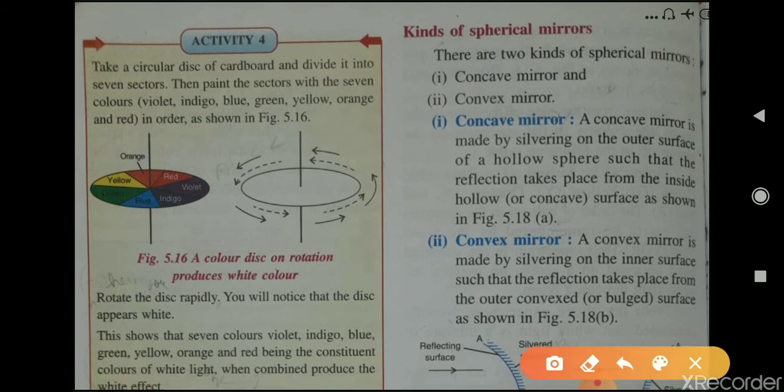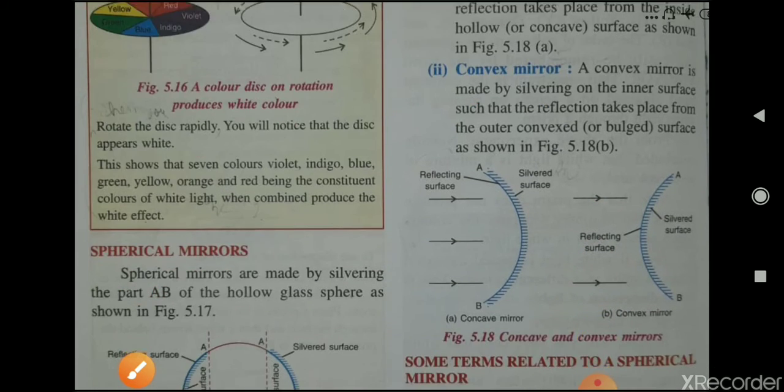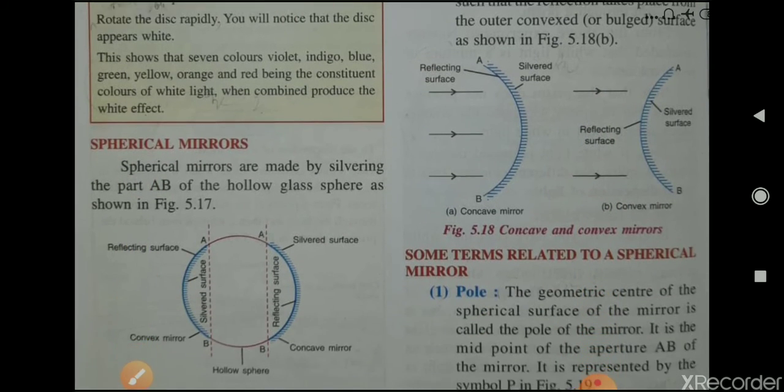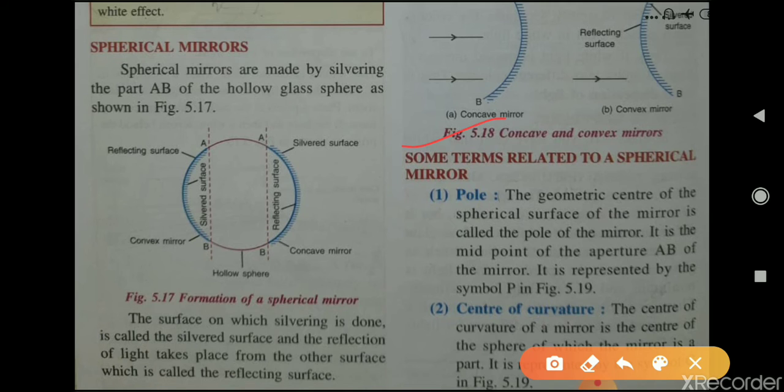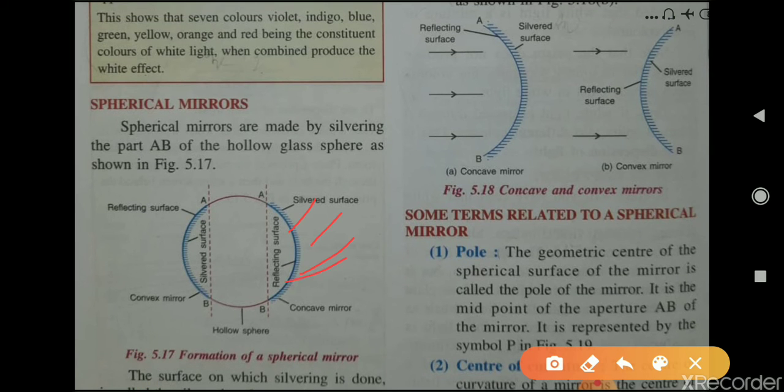Now the two kinds of spherical mirror: the concave mirror and the convex mirror. A concave mirror is made by silvering the outer surface. As I already told you in this picture, when we silver the outer surface of the hollow sphere such that the reflection takes place from the inside hollow surface, as shown in the figure, this is known as a concave mirror.